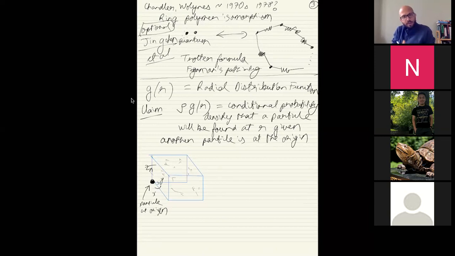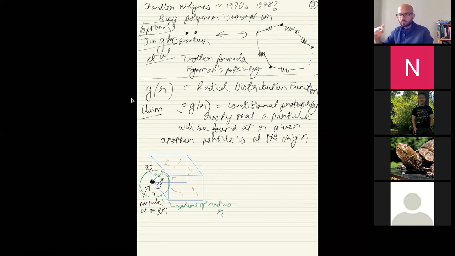Conditional on this information, what is the probability density that you will find another particle at a distance r from the origin? So I've tried to draw a sphere. It's hard to draw a sphere in 2D, so it looks like a circle, but it's a sphere. So this is a sphere of radius r, and my claim is that rho g of r is the conditional probability density, conditional on the knowledge that you already have one particle at the origin.